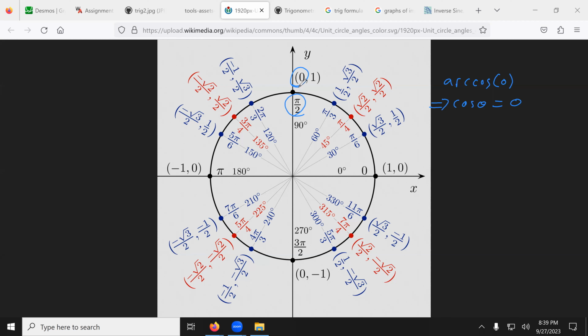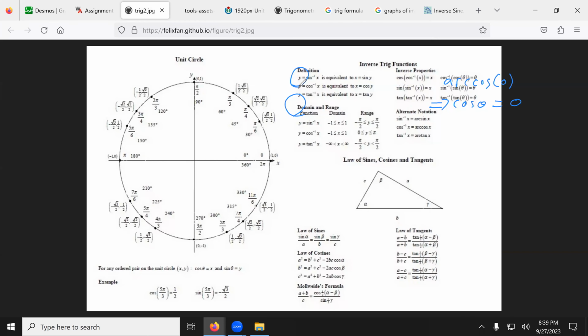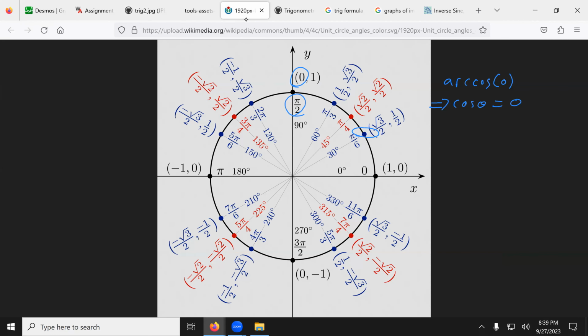But always make sure, am I good on the domain? Cosine goes from 0 to pi, the top half of the circle. So 0 to pi would be from here to here, right? This top half. So pi over 2 would be correct.